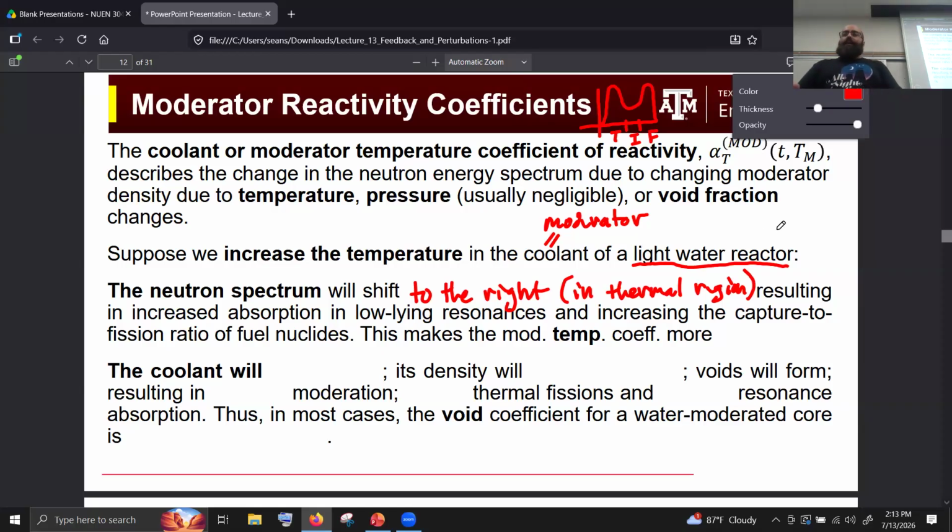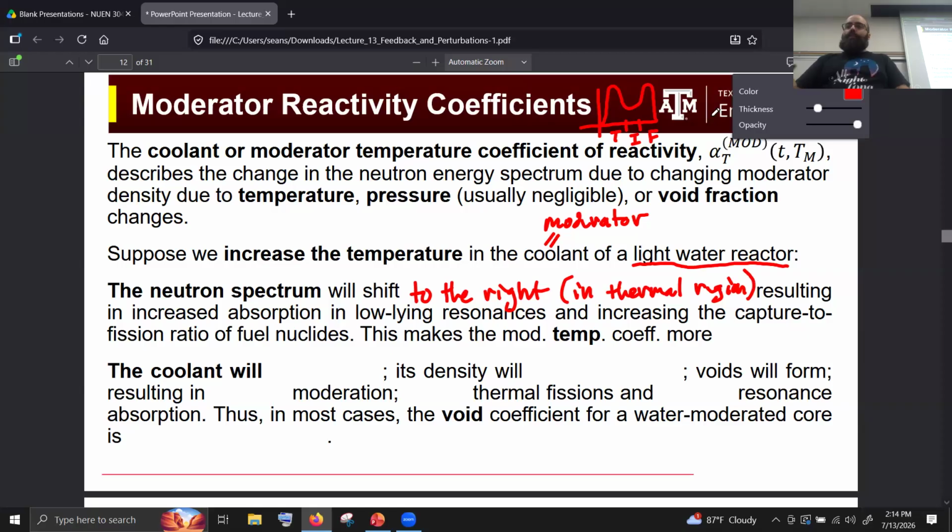But in the intermediate range, that's where those resonances are, where you get more likelihood of parasitic capture of my neutrons. If I've taken this Maxwellian and shifted it to the right, that means the energy spectrum for these thermal neutrons is getting closer to that resonance region, where it's more likely that some of those neutrons get captured in some of the lower lying resonances.